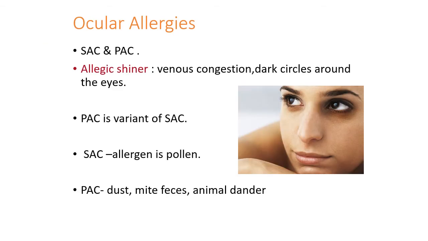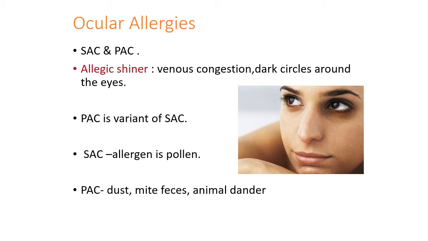So in ocular allergy, you have seasonal allergic conjunctivitis and perennial allergic conjunctivitis. In allergic patients, you can see allergic shiner. Allergic shiner is a term used when there is venous congestion and dark circles around the eyes. You can get this special condition.